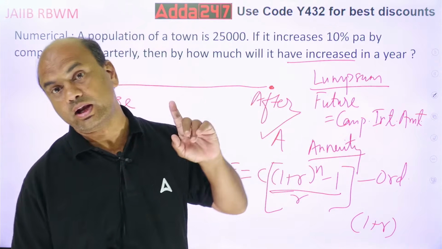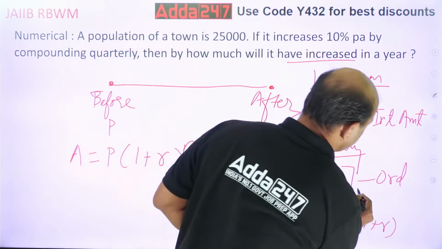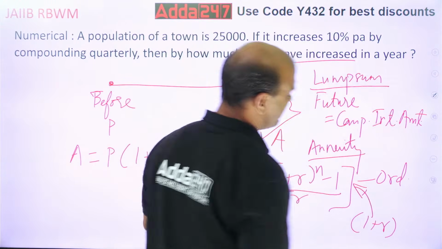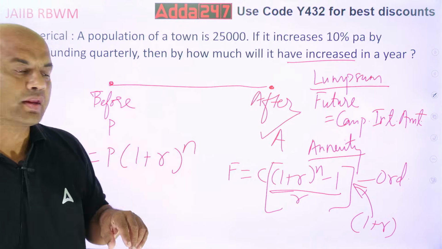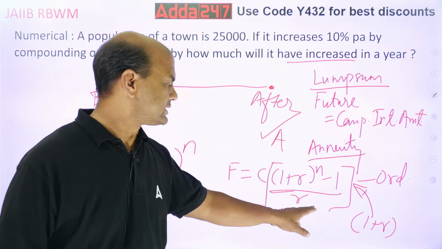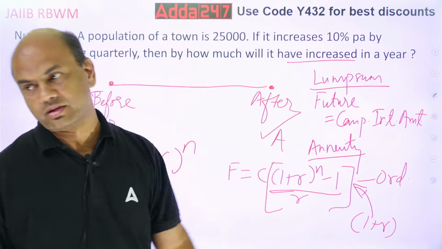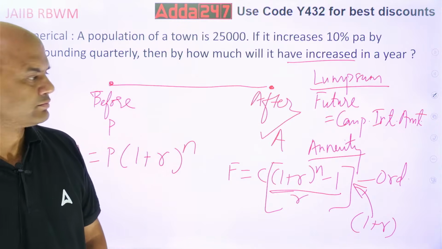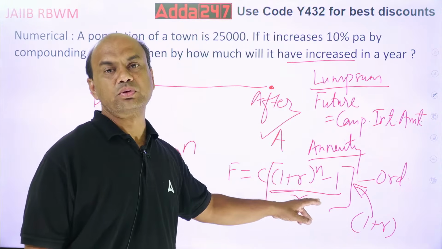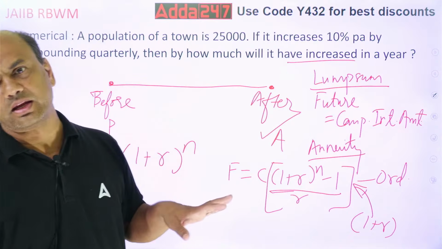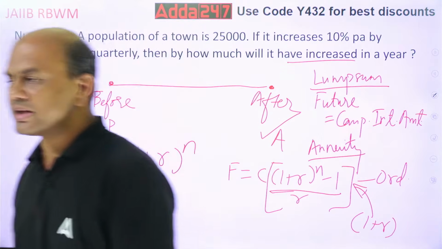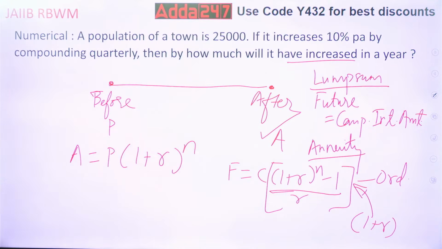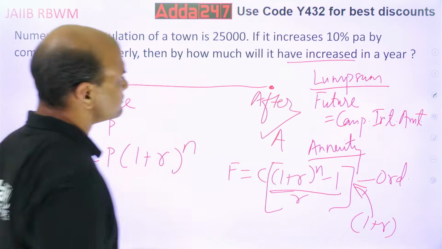And if you want to find it for due, then multiply with 1 plus R. If you want the present value formula, then the same formula, just divide it with 1 plus R raised to N for ordinary, and for due multiply with 1 plus R. Got it? You are asked this question: compounding interest and future value. Okay, next one.